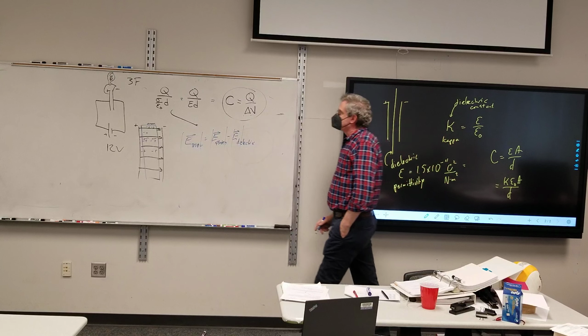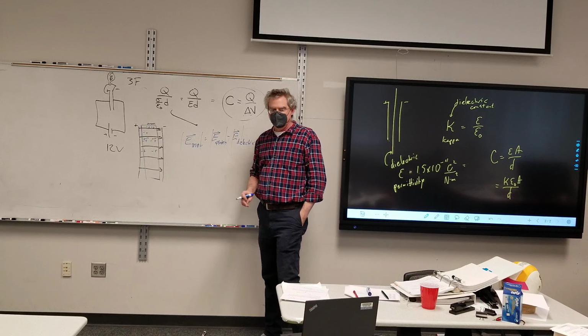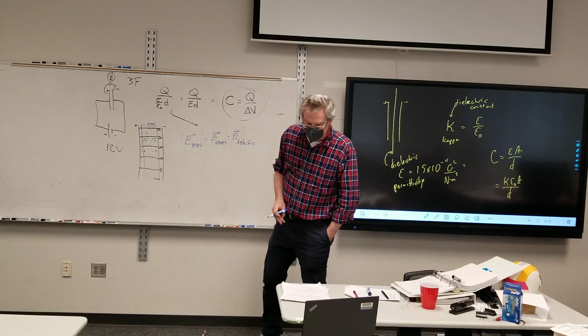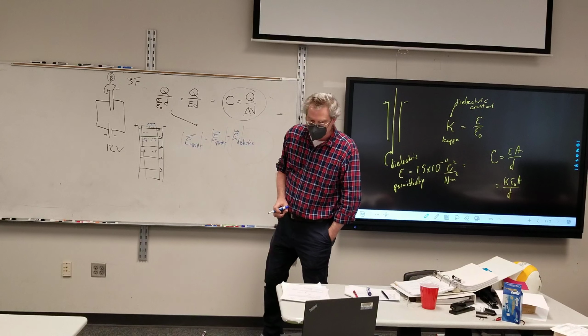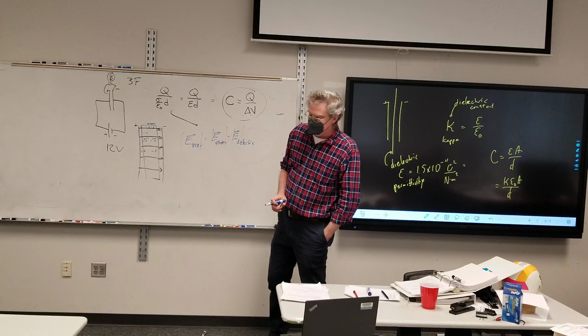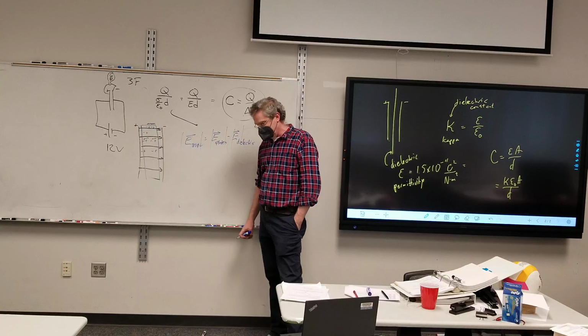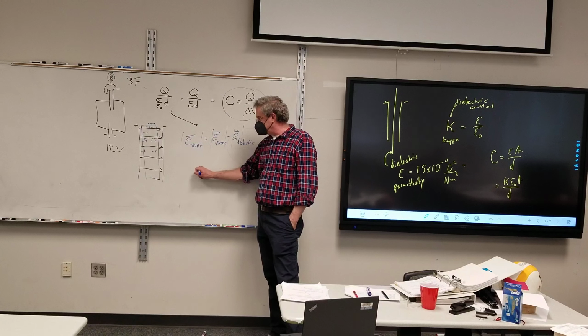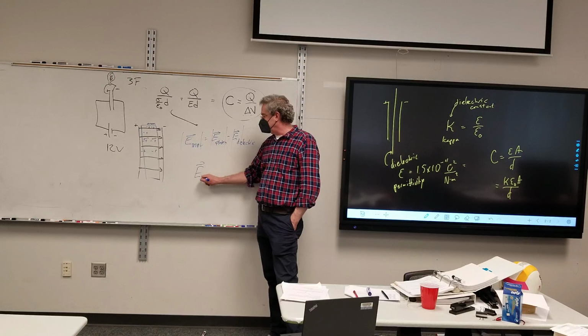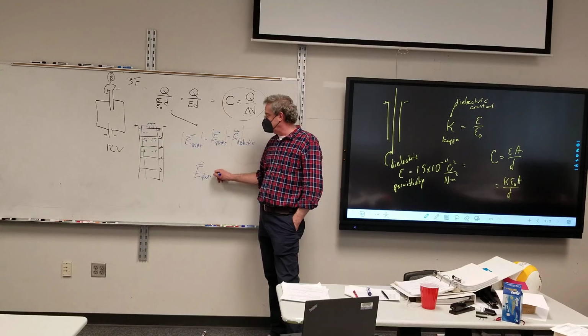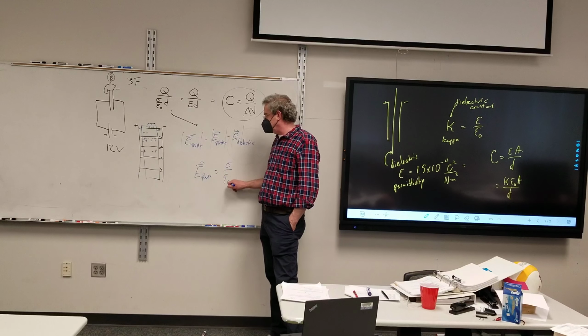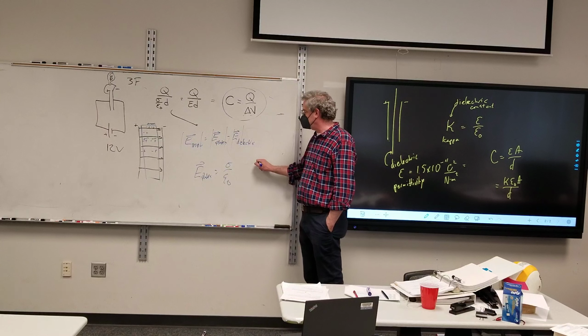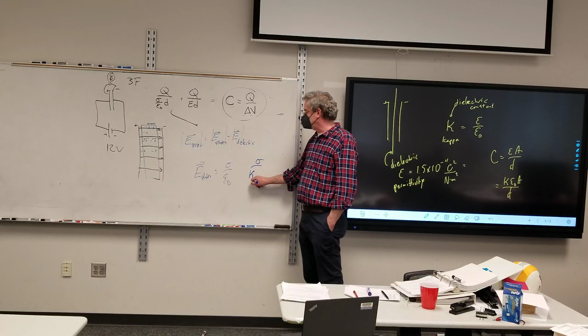How do you calculate the electric field from the dielectric? Is that something that's given in a problem, or is that something I have to find? Well, the electric field from the plates is sigma over epsilon sub naught, or if I've got a dielectric in there, sigma over kappa epsilon sub naught.